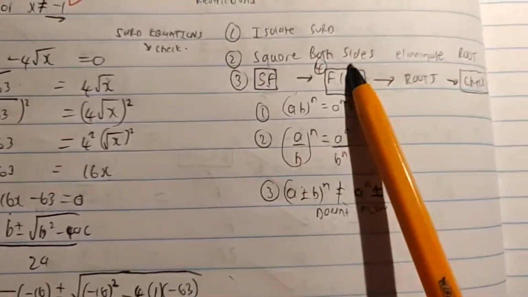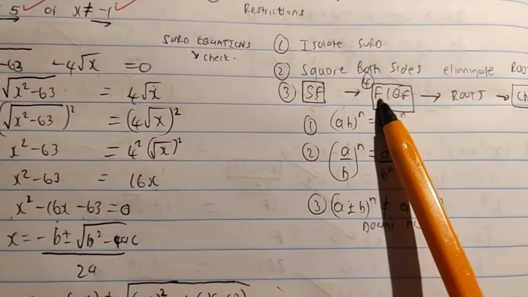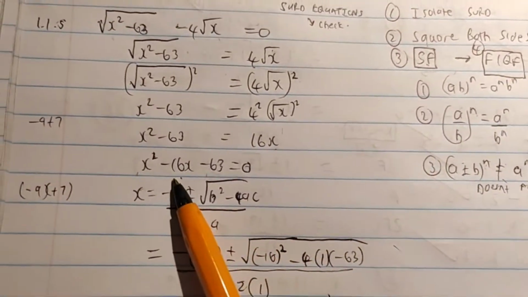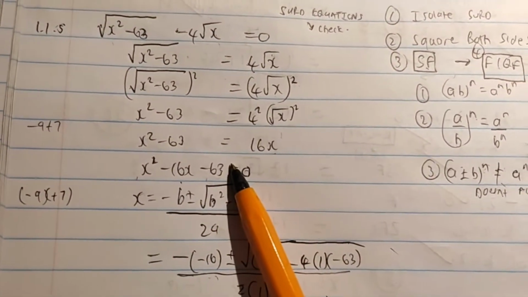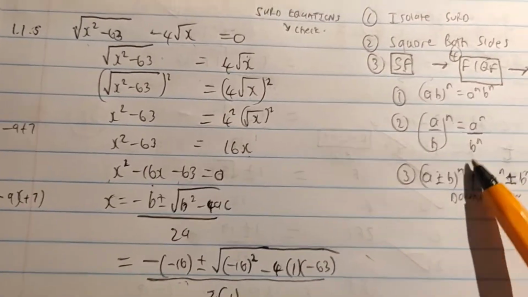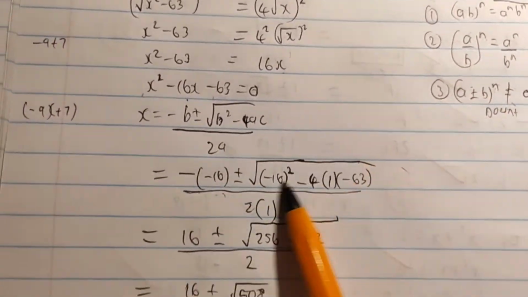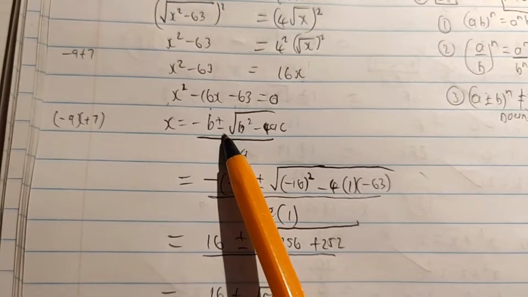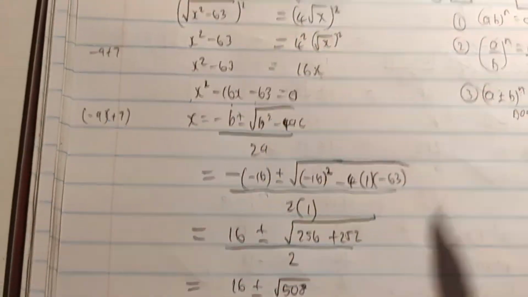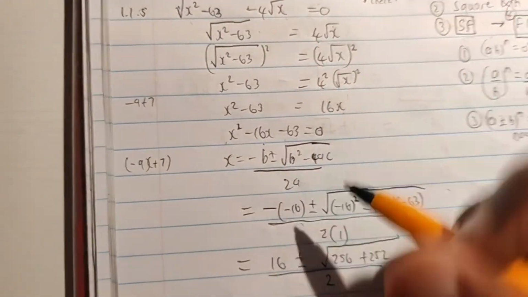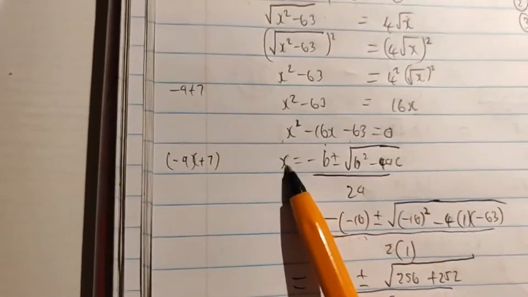After getting standard form, we factorize if possible, or apply the quadratic formula. Factorization did not fly, for reasons I explained. Quadratic formula flies. We write down the formula with the subject x is equal to. Too many people, when they write this formula, don't write x is equal to.